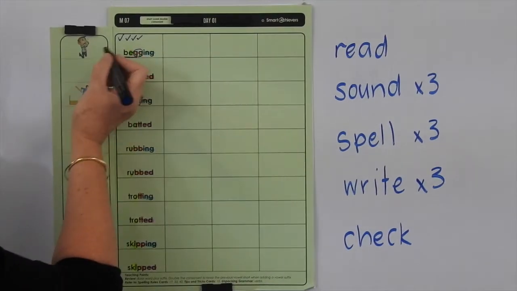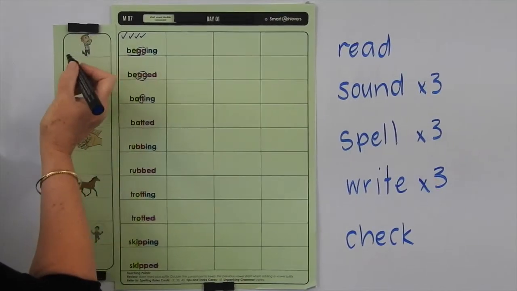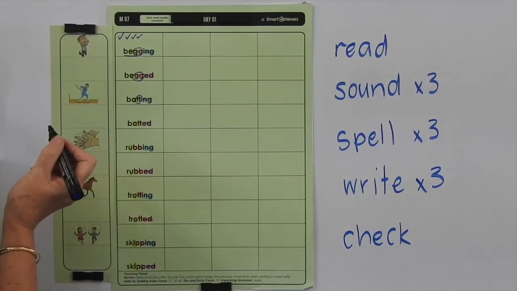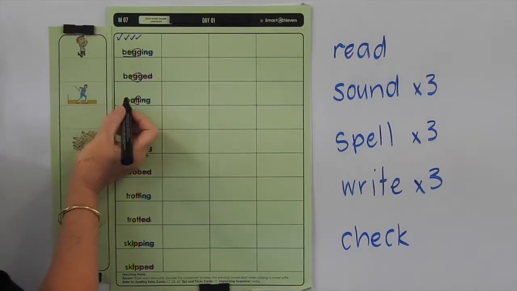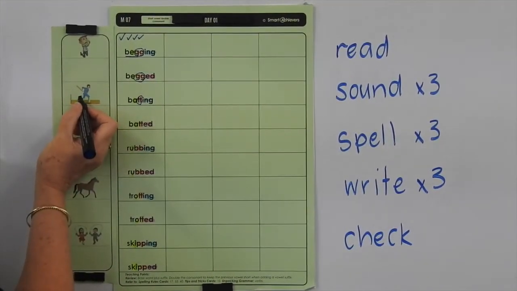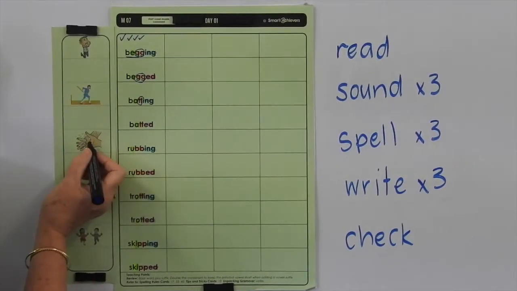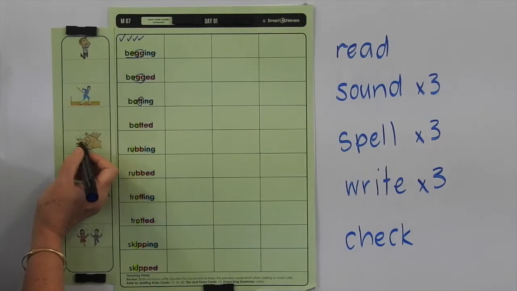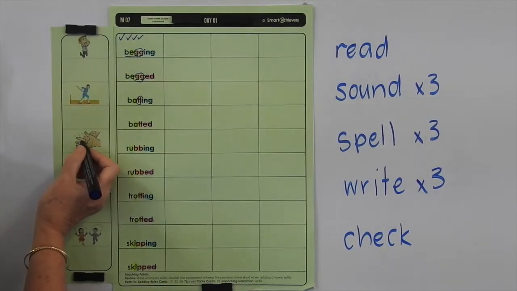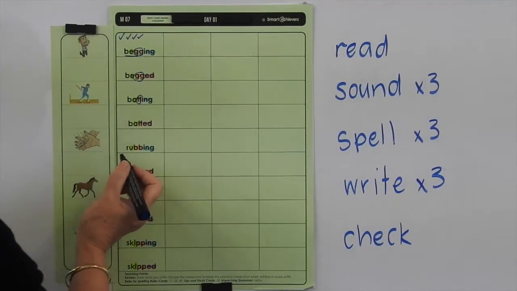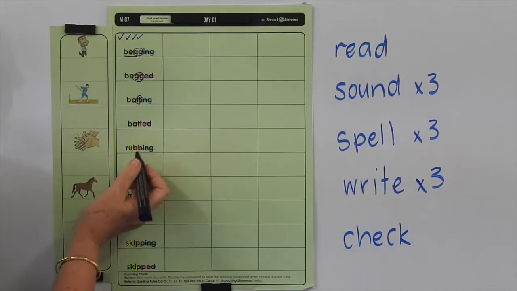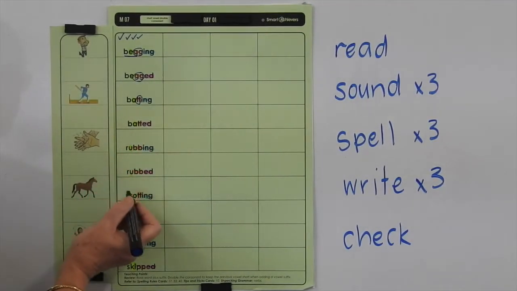So that's a very important rule that you're going to use a lot in your life. So what do these words actually mean? Well, begging is when you're pleading or asking for something you really need. Batting is where you're hitting a ball with a bat. Rubbing is where you rub your hands together, or you might rub the car dry or rub your dog dry if you've washed it.